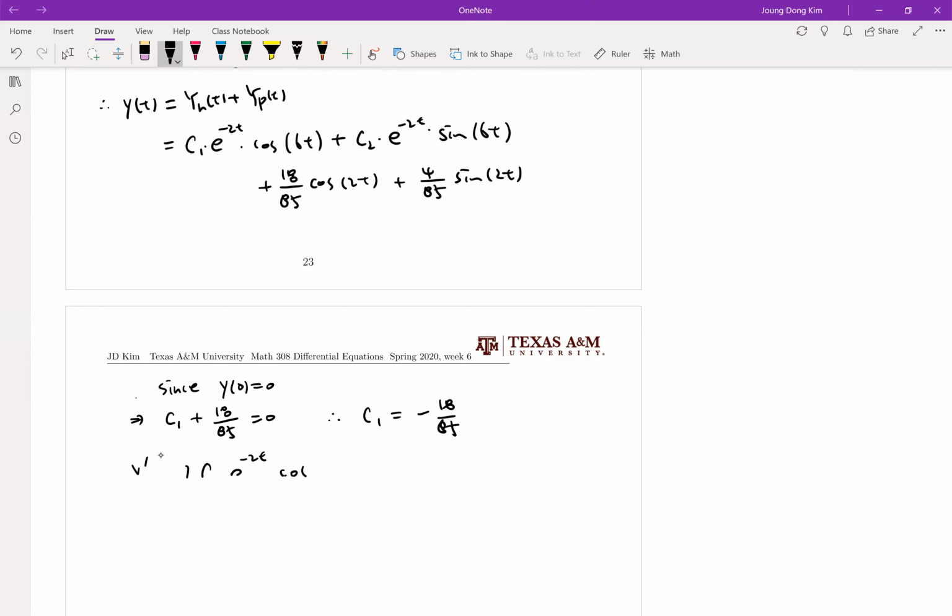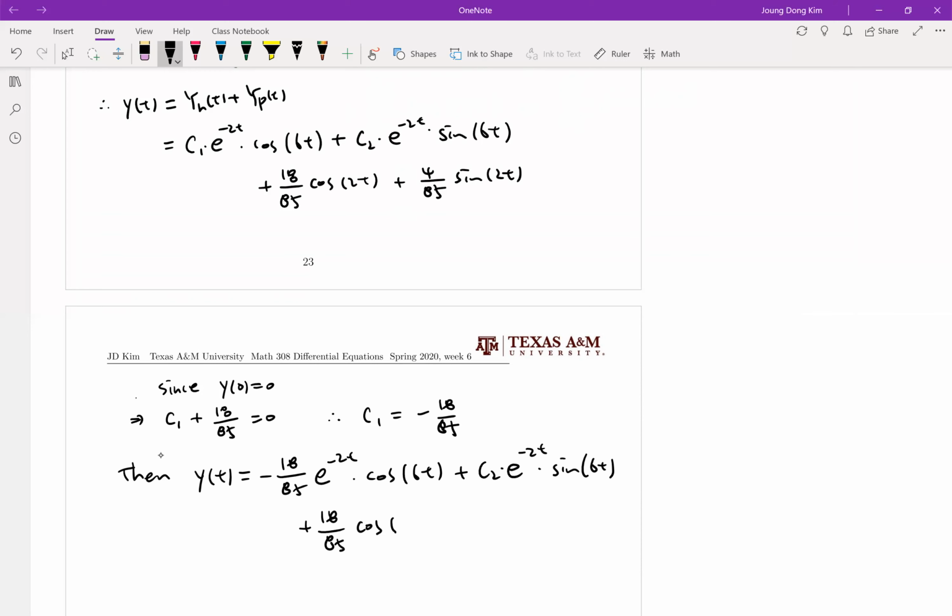Give me one second. Before doing this, let me plug in c1 first. It might be much easier. y(t) is equal to negative 18 over 85 e to the minus 2t cosine 6t plus c2 e to the minus 2t sine 6t plus 18 over 85 cosine 2t plus 4 over 85 sine 2t.